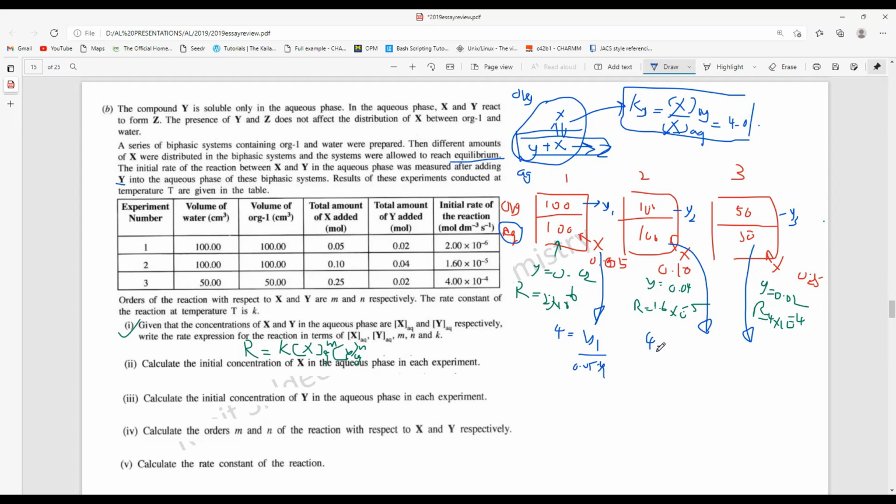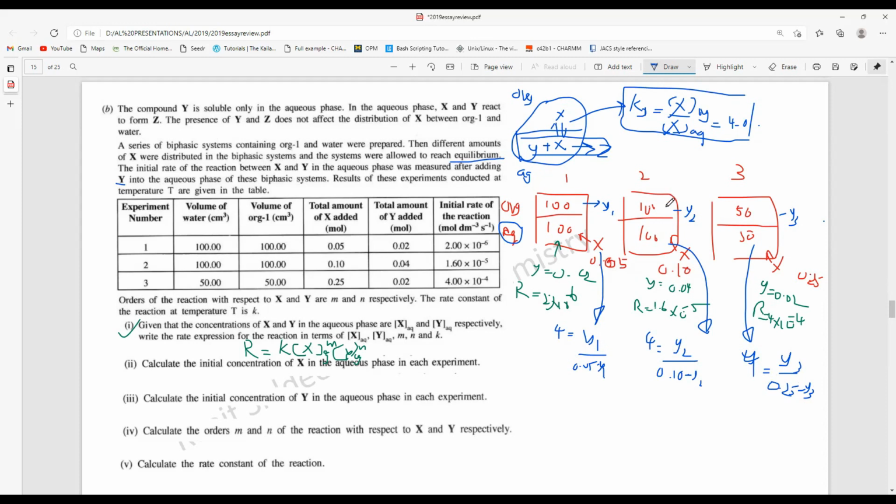And here 4 is equal to Y2 over 0.1 minus Y2. And here 4 equals Y3 over 0.25 minus Y3.